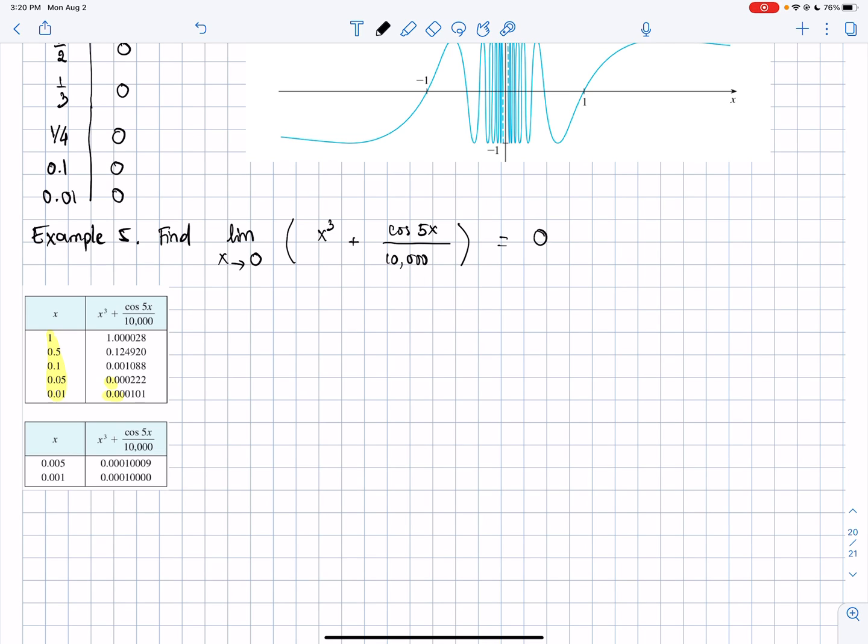However, if we make x even smaller, even closer to 0, then the x values 0.05 and 0.001 give us the answer 0.0001. So the correct answer will be 0.0001, which means 1 divided by 10,000.